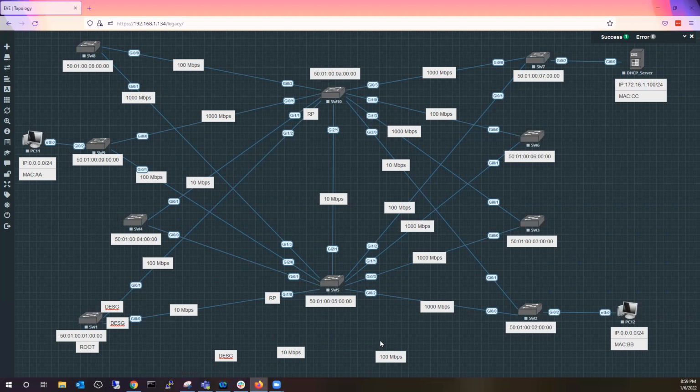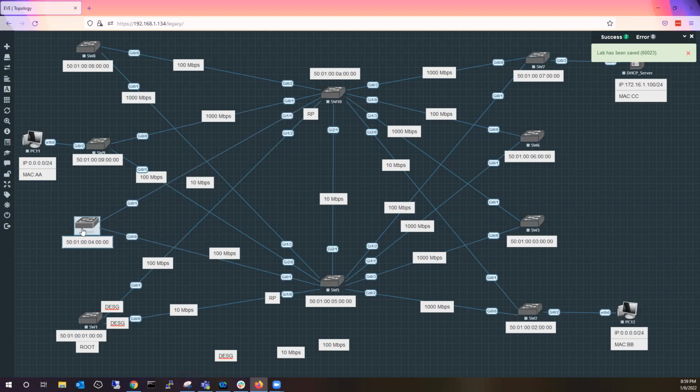Oh yeah, so it should be switch 10. All right, so you're blocking it off at switch 5. Switch 4 is 1,000. You're blocking it off at switch 10 because switch 10 has a higher cost. I think switch 5 has the higher cost.